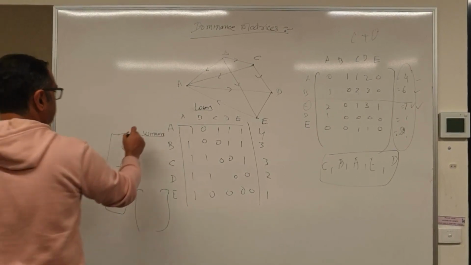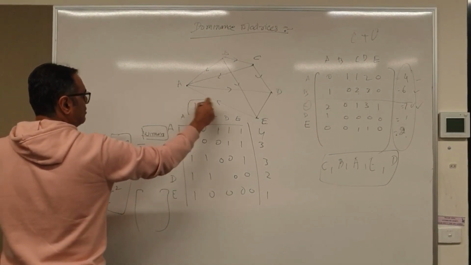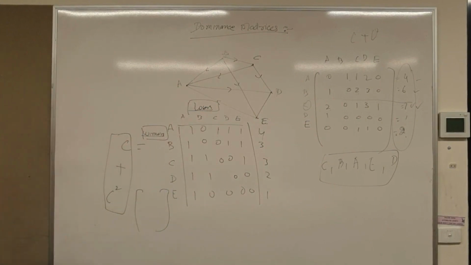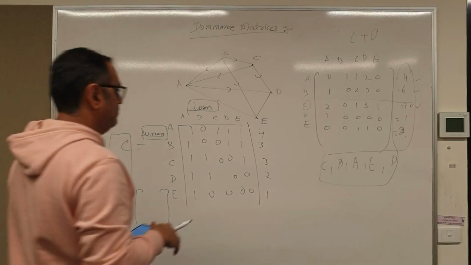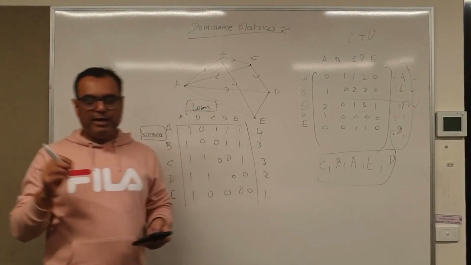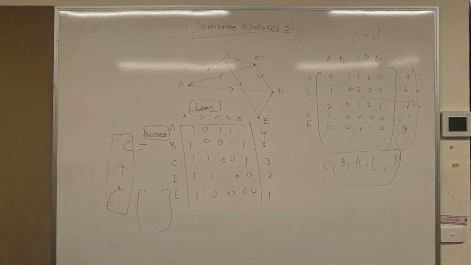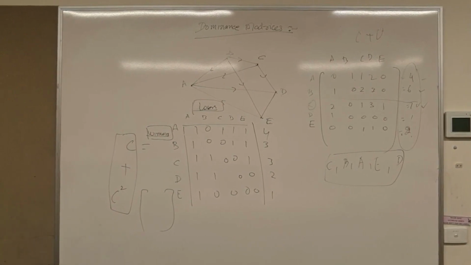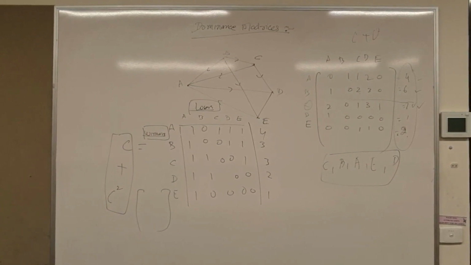So row represents the winners and the column represents the losers. I want to hear the matrix first before you do anything else. Because if that's incorrect... and the arrows actually tell you that whosoever that arrow is pointing to is the winner.